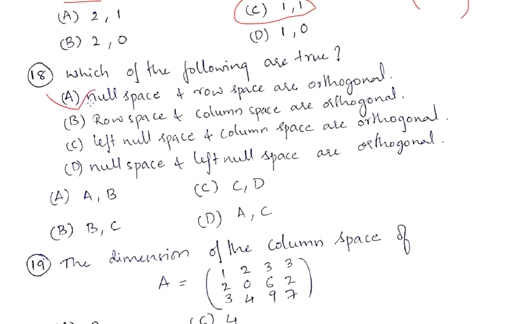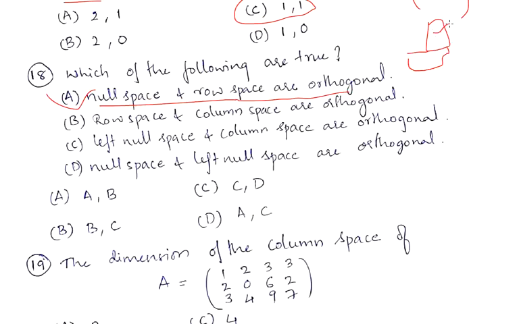Null space and row space are orthogonal. Okay, you will get something like this. This is row space and they are orthogonal, this will be 90 degrees. Something like this.